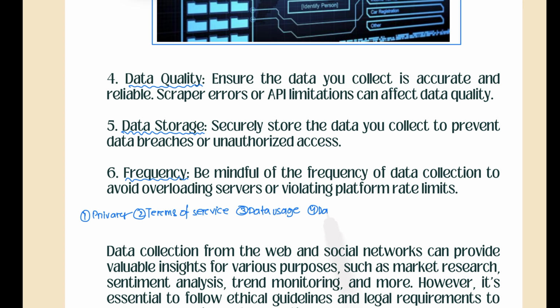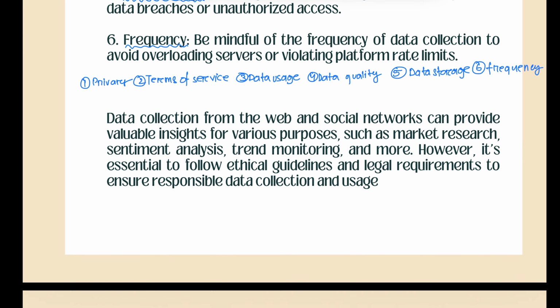Sorry, fourth one is data quality, then data storage, and fifth, sixth one is frequency, so that the collection you are doing must not be overloading servers or violating the platform rate limits.